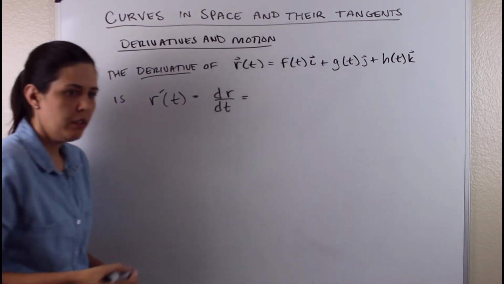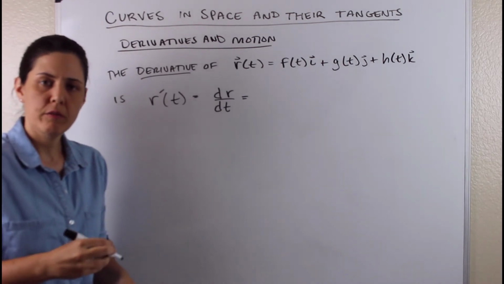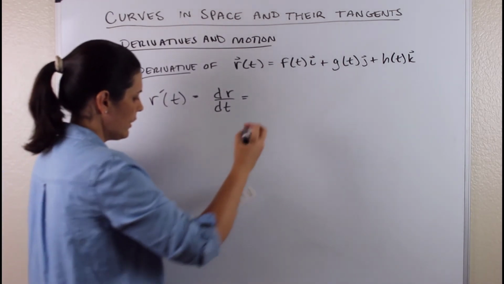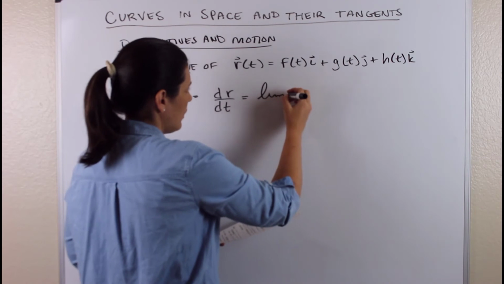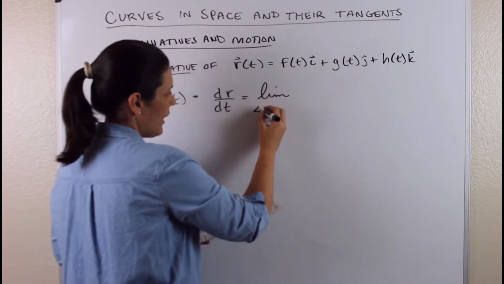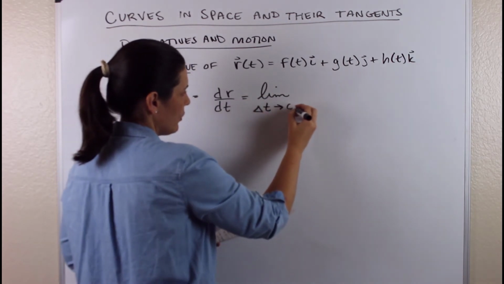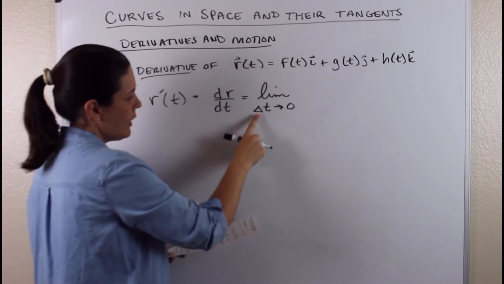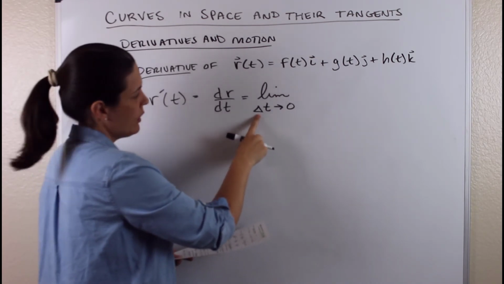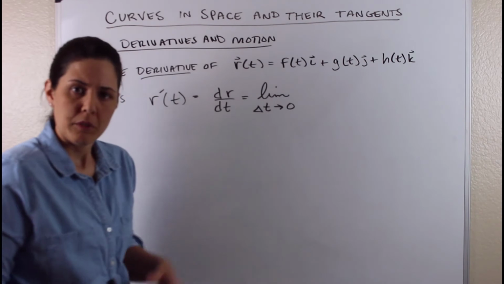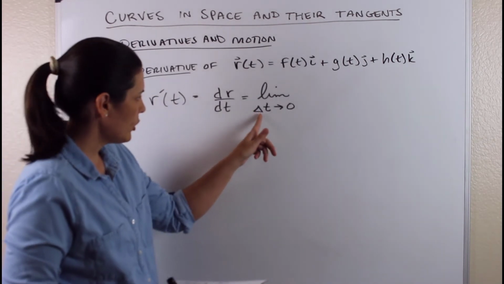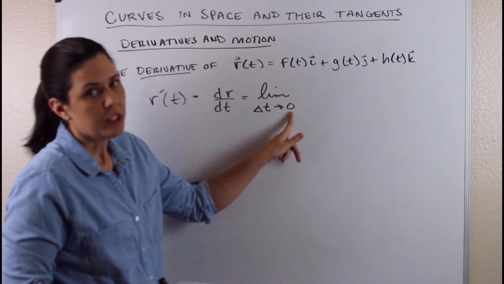And officially, if you recall the limit definition for a derivative, here's what this looks like. It's a limit as the change in t approaches 0. Delta t, this is capital delta, always represents some kind of change. So the change in t is getting really small.